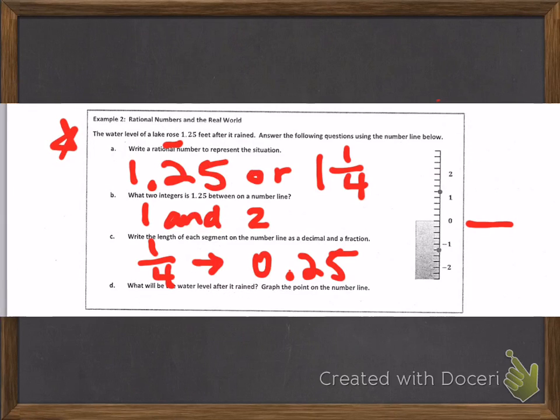What will be the water level after it rained? Remember, it rose 1.25, and we're at 0. We're going to have to go up 1 1/4, or 1.25, which is where the decimal is. So the answer would be 1.25 above the lake level.